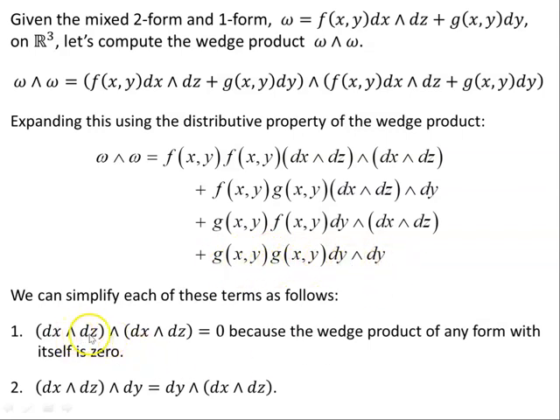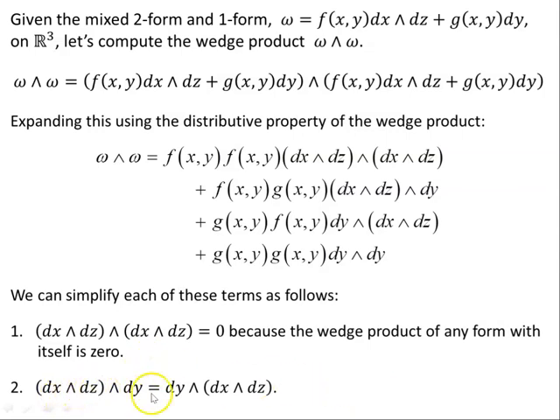Well, dx wedge dz wedged with itself again is 0. You can see, anything here, shift these about, you've got dx wedge dx there, 0. Anything wedged with itself is going to give you 0. You can simply permute these to see that that is the case, because the wedge product of any form with itself is 0.